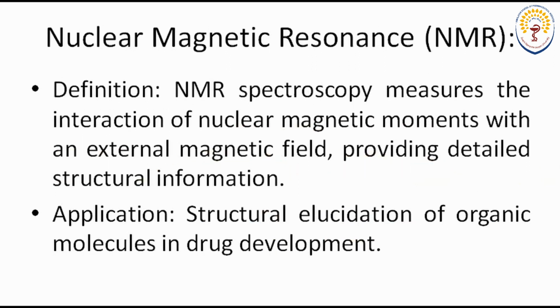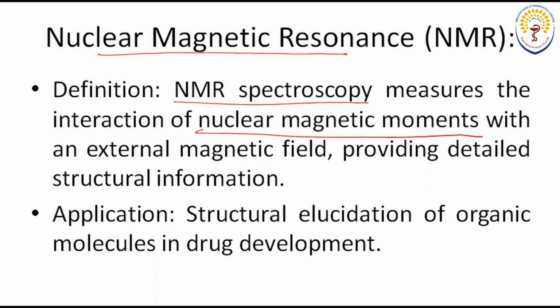Now the next technique is again a spectroscopic technique, which is NMR. NMR is a very sophisticated technique. In the NMR technique, we are relying on the nuclear magnetic moments, that means the spin of the nucleus.